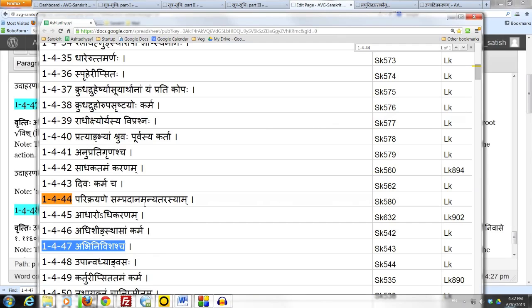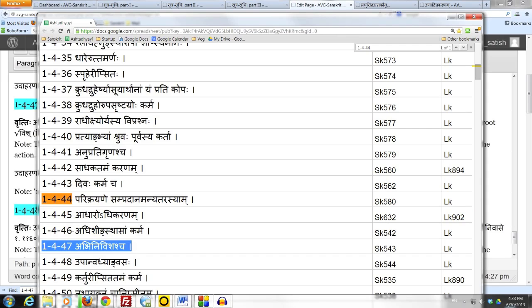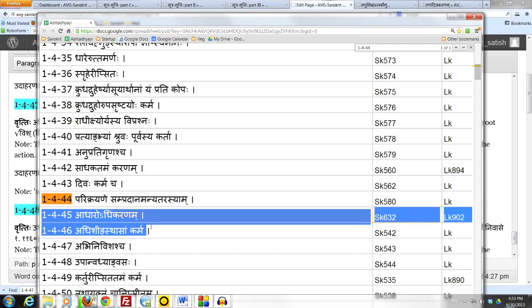So that's the optionality that we bring down from 1444. But now the question comes that the anuvritti of anyatarasyam does not come into 1445, 1446. Then how can we bring it down into 1447 after skipping 45 and 46? So we have to jump over 45 and 46. That is what is called as manduka plutih.